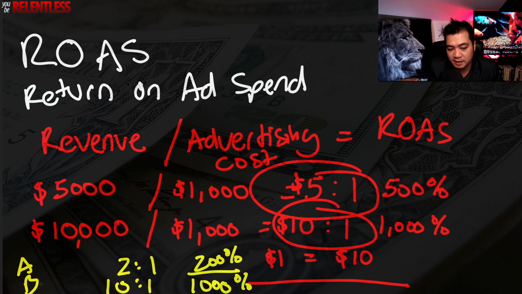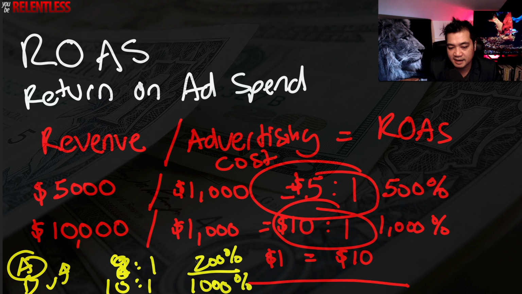We look at the one that did very well and we replicate that to A. Then we slowly increase this campaign and we bring this up to maybe a 9 or an 8. So therefore that's how you can improve things. So that's the benefit of understanding the ROAS, the return on ad spend. It gives you a really good indication of what's working, what's not working, and which areas you can improve to get the maximum profit out of your advertising budget.